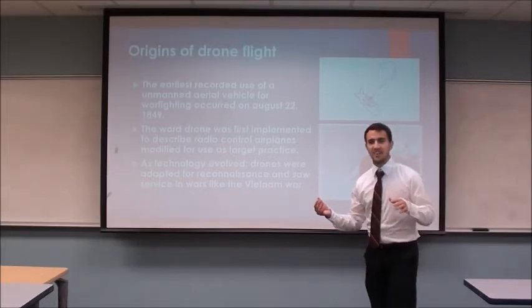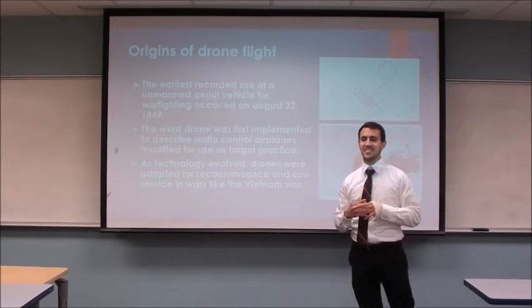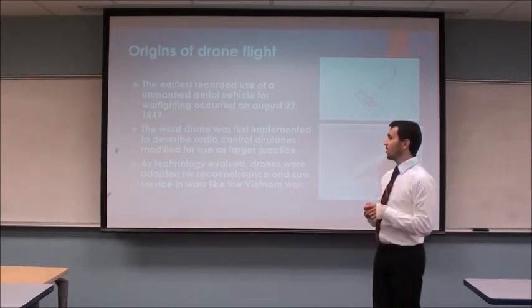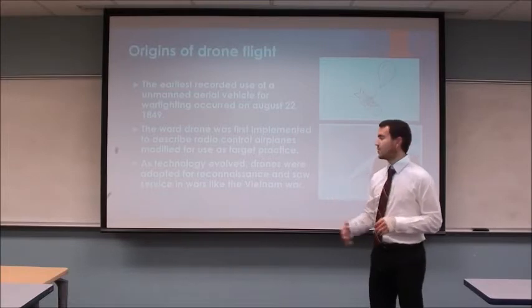These bombs ironically floated back and were an unsuccessful use of UAVs as they ended up bombing the Austrians who sent them in the first place. However, that's the first time we see that advantage of having no pilot and delivering a payload.